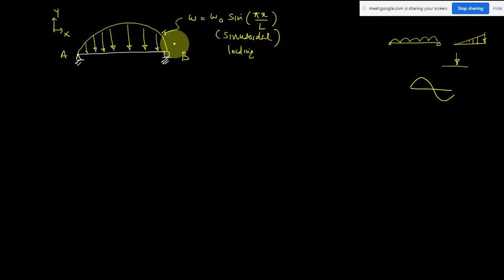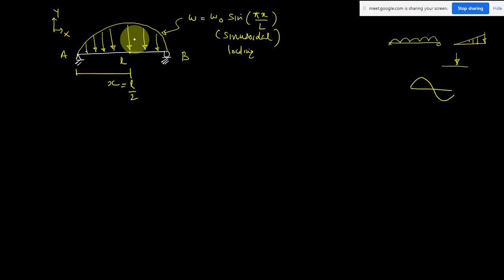So the loading function is defined. I can find the intensity of load at any point. Suppose I want to find the intensity of load at this point. This is x, the distance from the origin to this point. If we want to find the intensity of load at the center, the total span is L, so at the center x equals L by 2.